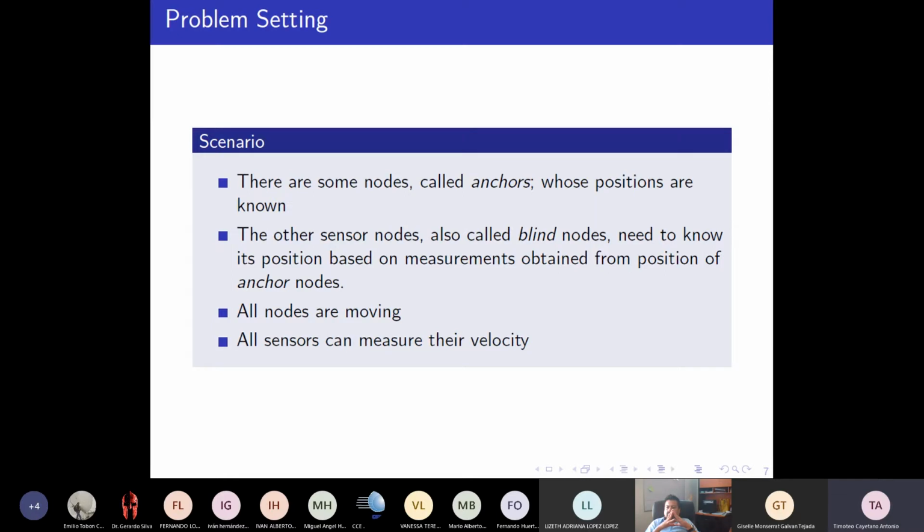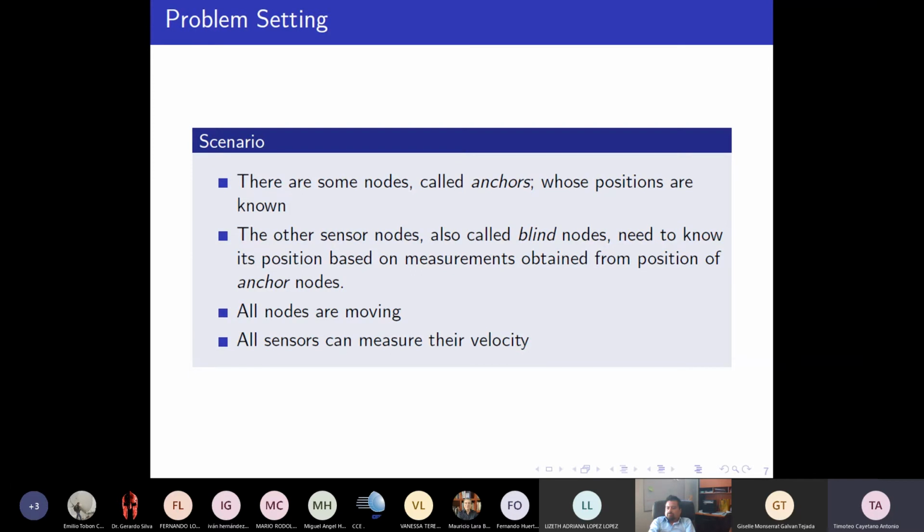But the other nodes, which are most of them in a wireless sensor network, are called the blind nodes, and these nodes need to know their position based on the measurements obtained from the position sent by the anchor nodes.